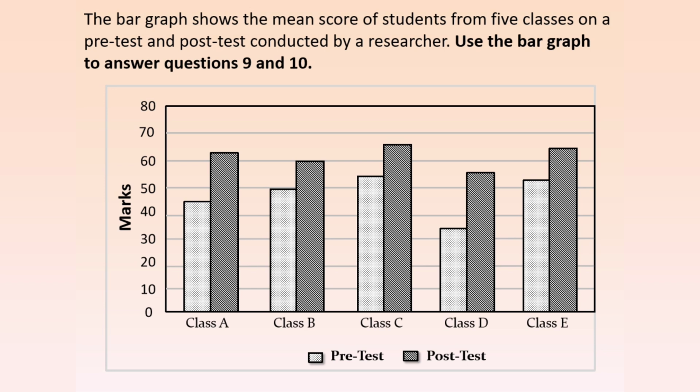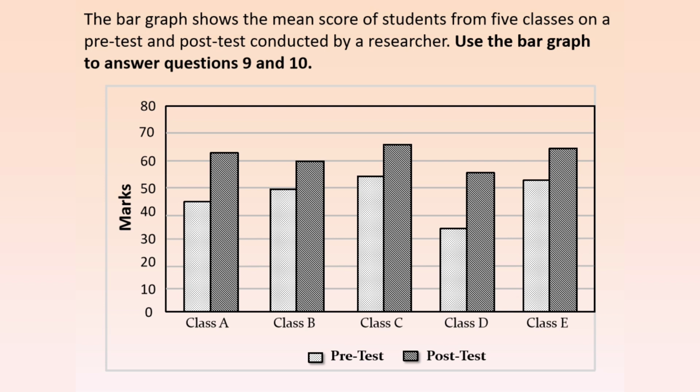When we talk of pre-test and post-test, when you want to carry out project work, first of all you need to conduct a pre-test. After the pre-test, their performance will tell you the kind of intervention to employ. After employing the intervention, you have to administer a post-test to see whether your intervention was effective or not.